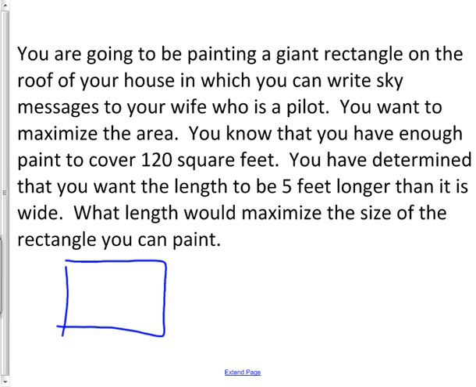All right, so is it really a rectangle? Yep, it's a rectangle. So I drew a right picture.